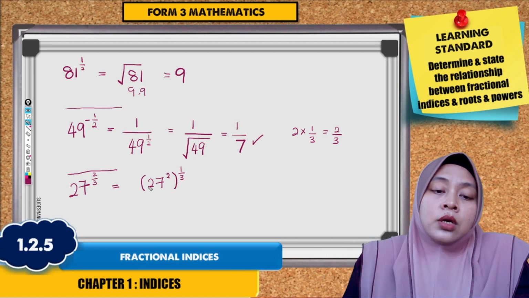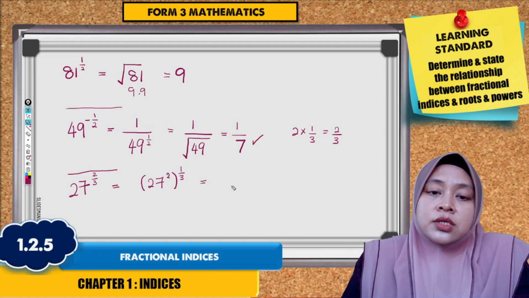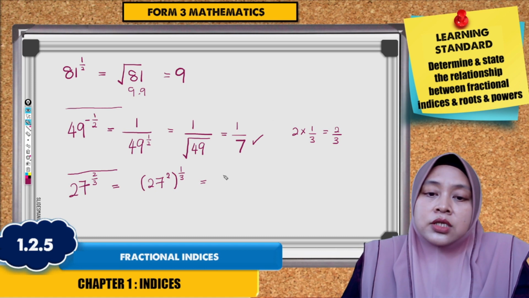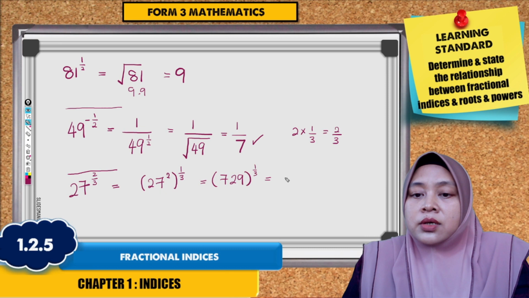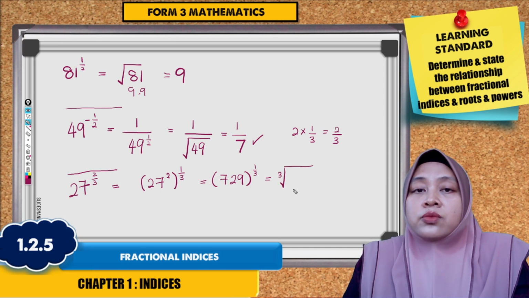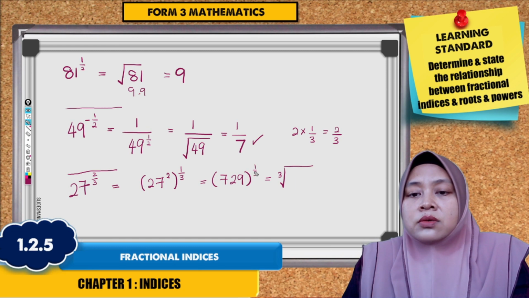Then calculate using your calculator or whatever. 27 squared, you will get 729, and then to the power of 1/3. What should we do here? 1/3 means cube root, punca kuasa 3.